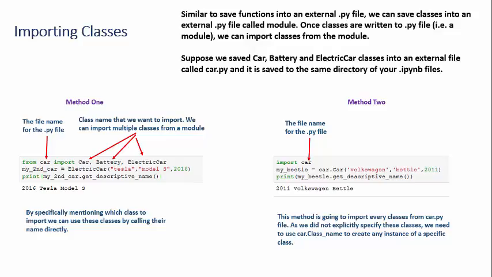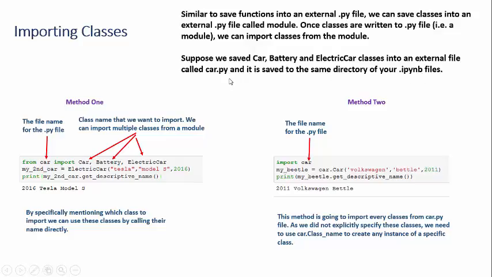It is very similar to the functions that we mentioned a few weeks back: we can save functions into a Python file, and we can import functions later. In this particular case, let's suppose we saved the car, battery, and electric car classes into an external file called car.py. It is a text file, and it is saved to the same directory as your Python notebook files.